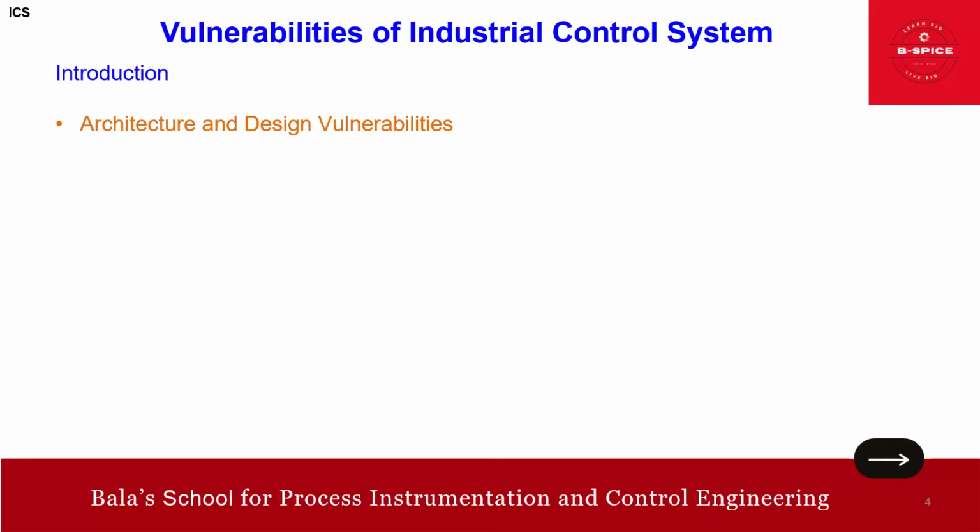Indeed, attackers targeting industrial control systems rely on exploiting one or more existing vulnerabilities. So we'll see all these vulnerabilities. What are all those vulnerabilities?